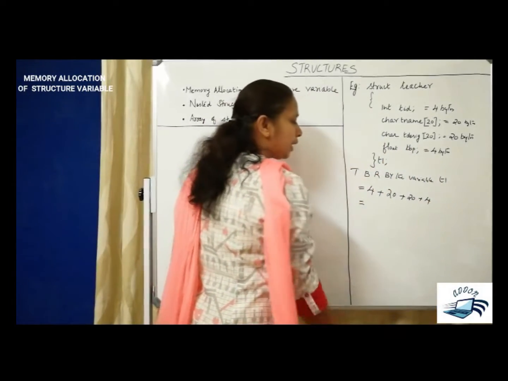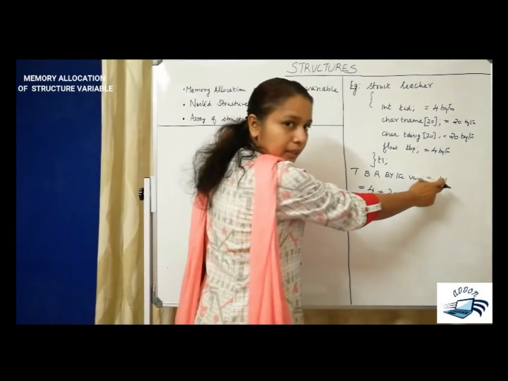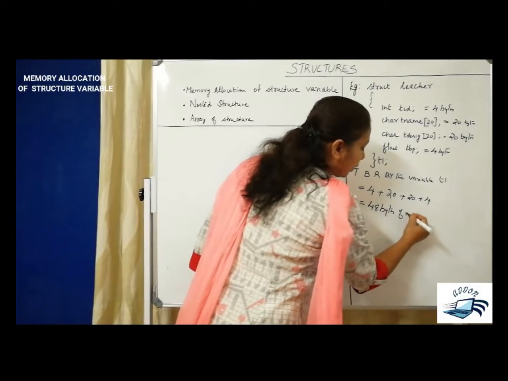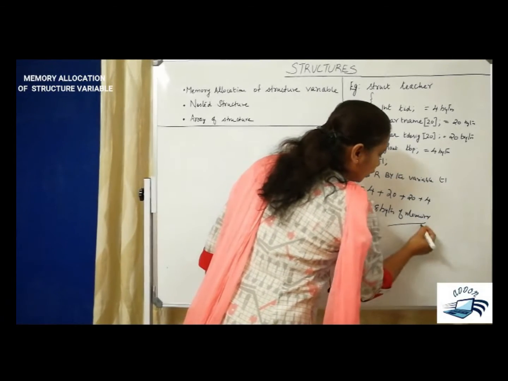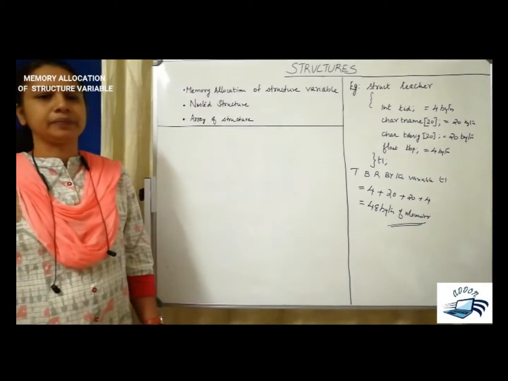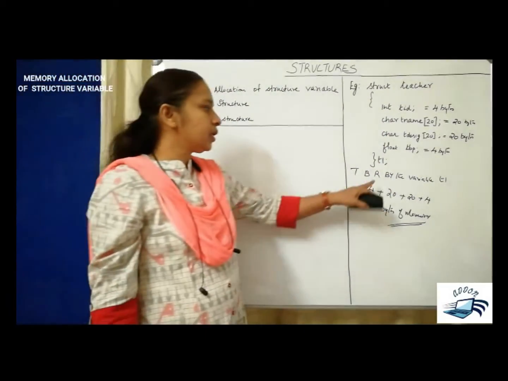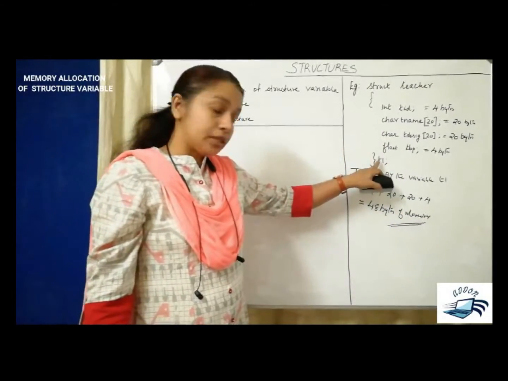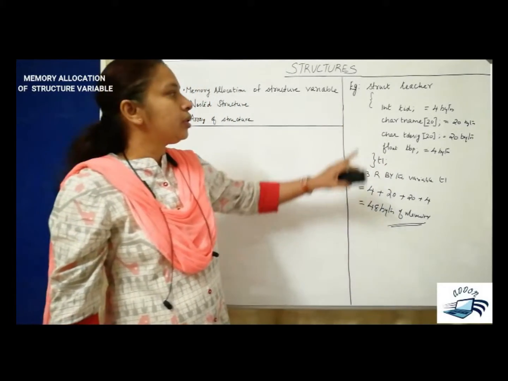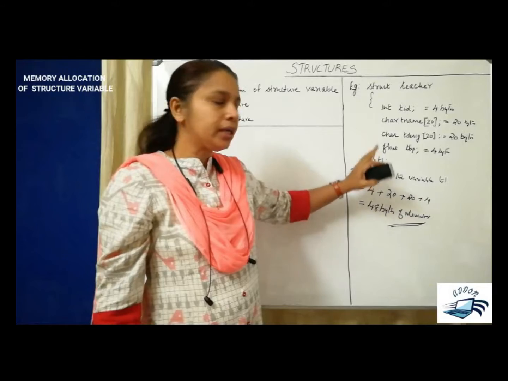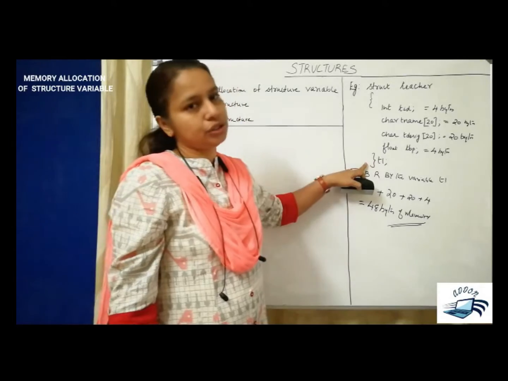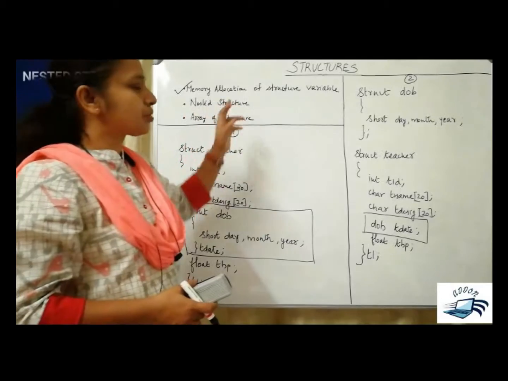So total memory required by the variable T1 is 48 bytes. Once again I repeat, the total bytes of memory taken by the structure variable is equal to the total bytes of memory taken by each data element declared in the structure. Clear?